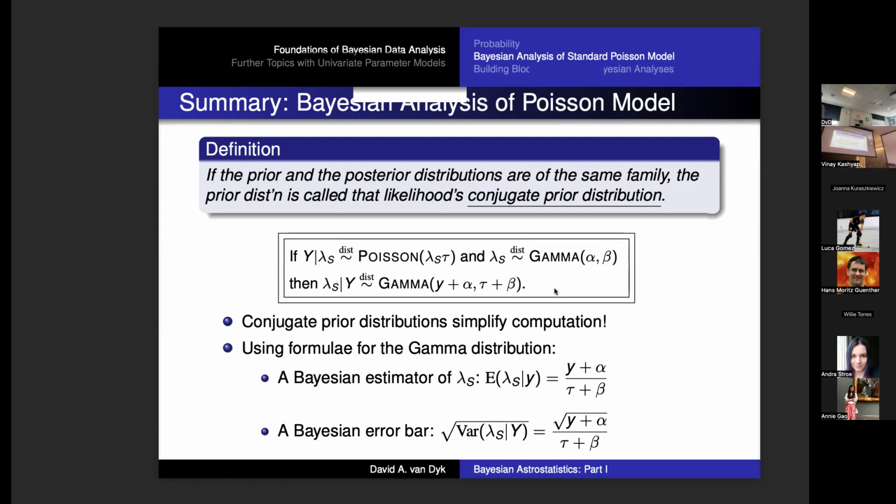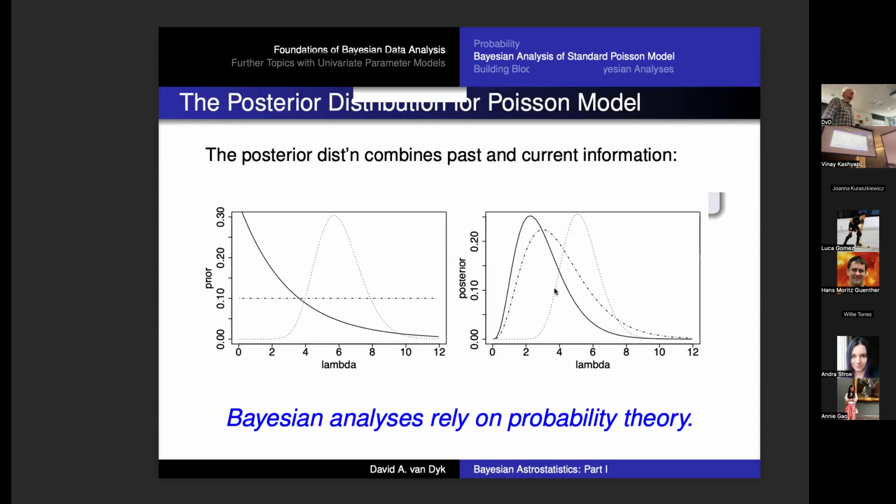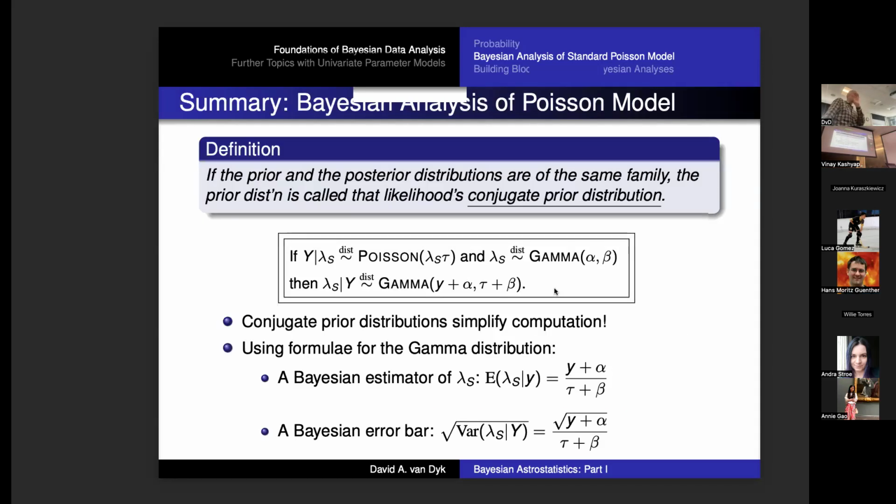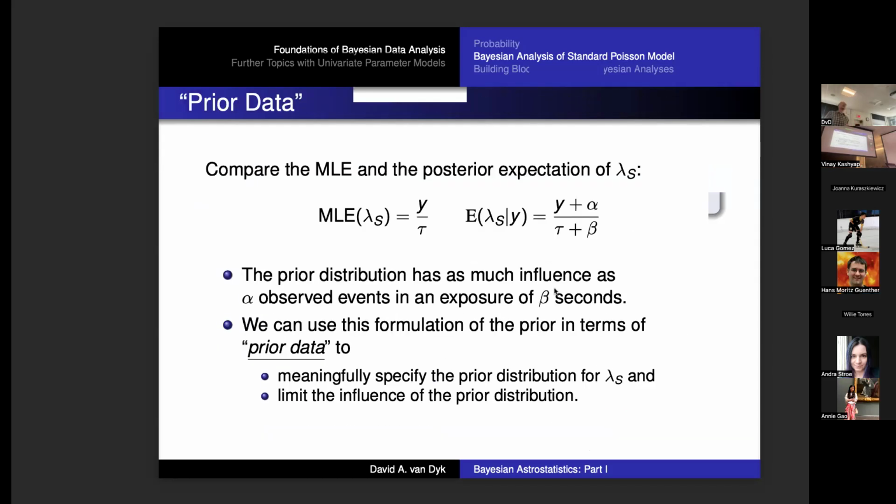Or maybe tau is 1,000 seconds, and I really don't know what alpha and beta are, but I'm going to make beta 0.1. And I say, well, my data is counting for 1,000 and my prior is counting for 0.1. I'm putting 10,000 times more weight on my data. Well, probably when you do something like that, you'll find in the sensitivity analysis that the prior doesn't matter very much. But it gives you a way to quantify what you're bringing to the data.